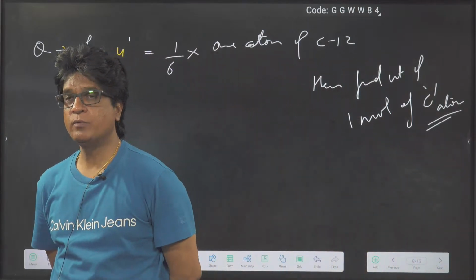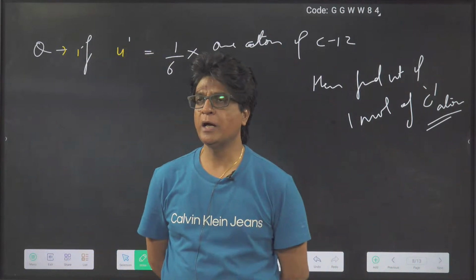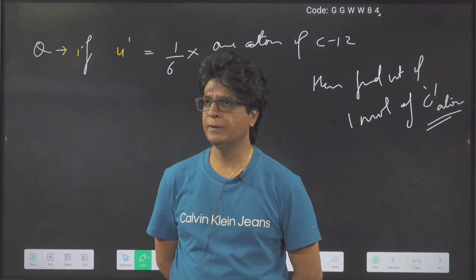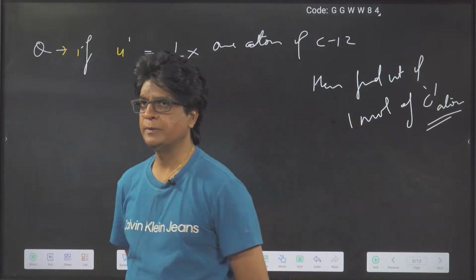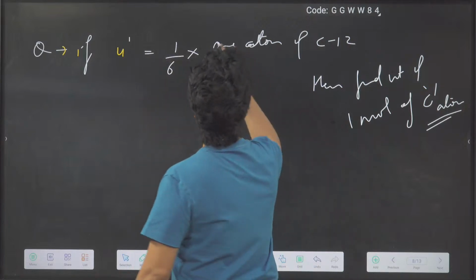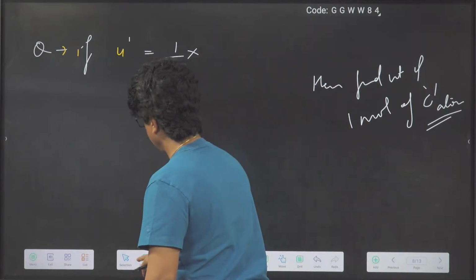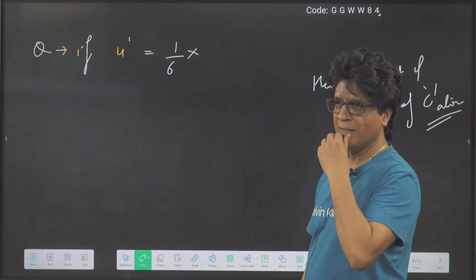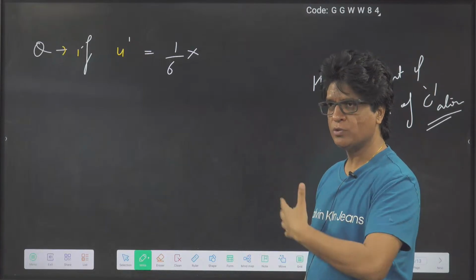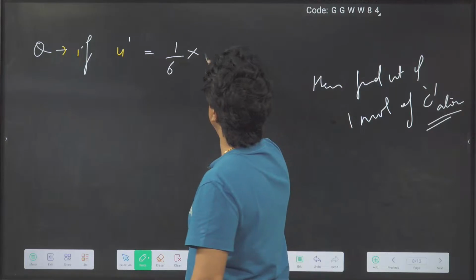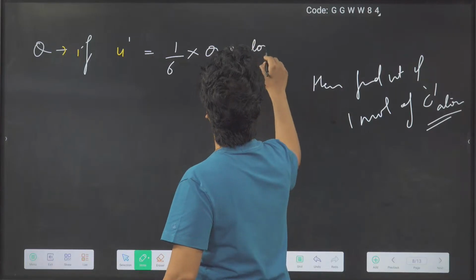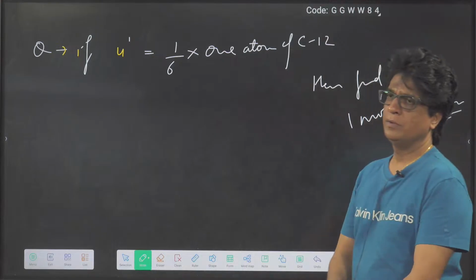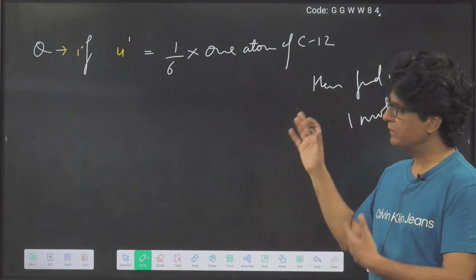I'm not asking the weight of one carbon atom. Yesterday we have done some questions, right? You got to listen to me. Don't focus out here. I'll write it, but your job is to focus on what I'm saying. One atom of carbon 12. When you do not know, then these kind of things happen.